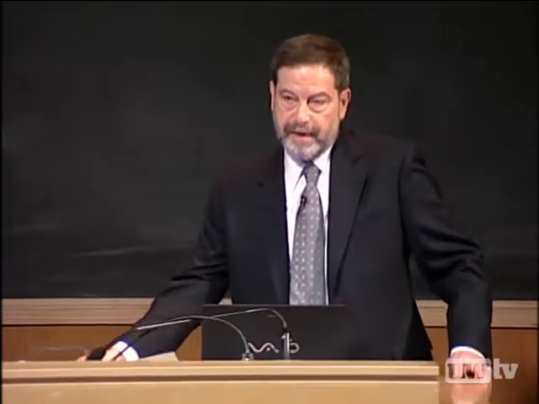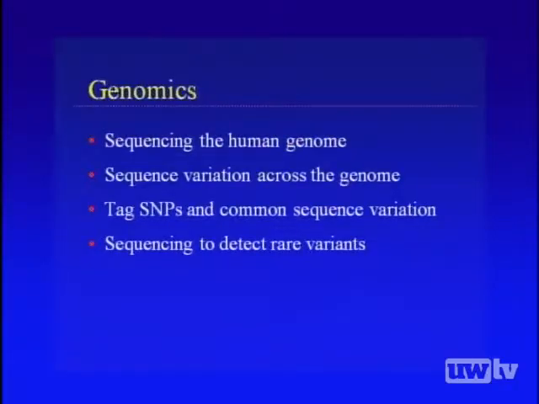Now in genomics, with the sequencing of the human genome, which dates back almost a decade, it was clear that there's tremendous sequence variation across the genome, and there was an opportunity to take advantage of this to identify single nucleotide polymorphisms, that is, variants in base pairs that occur with a frequency of 1% or greater, that might tag different regions of the genome, particularly as it relates to common sequence variation.